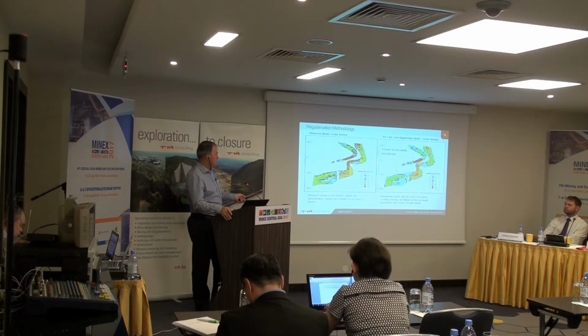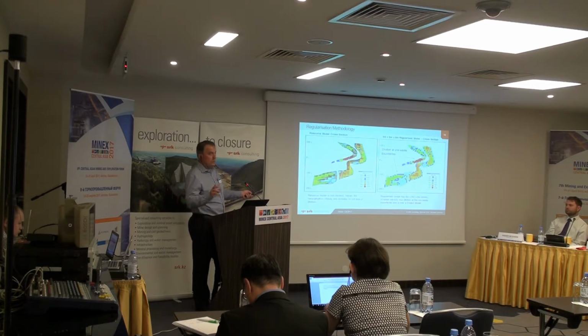In this case, we've taken a sub-block model and we've reblocked it to a 6 by 6 metre dimension. So you can see that it's basically added what I call a dilution halo to the ore body.